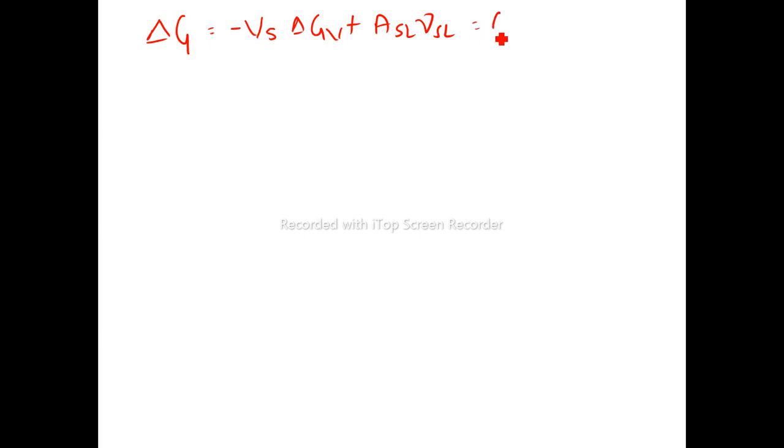This is because of G2 minus G1 from the previous slide. This is what we got, and we know that delta GV equals Gv of liquid minus Gv of solid, and this will give rise to Lv into delta T divided by Tm.